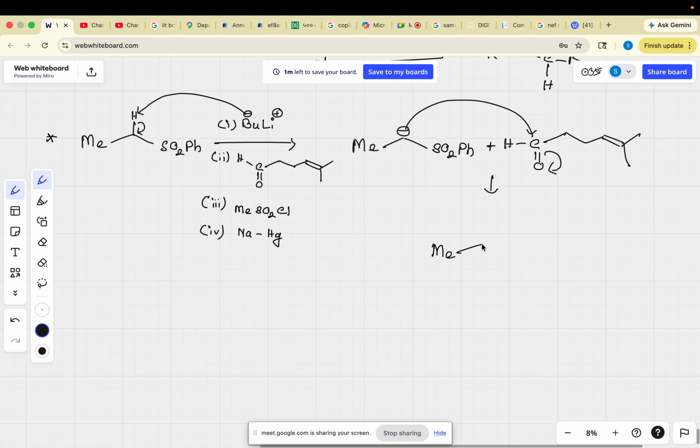So what I will get, methyl is there, SO2Ph keep on this side. Okay, now here what I have, carbon. Here I am getting O minus, here I have hydrogen.